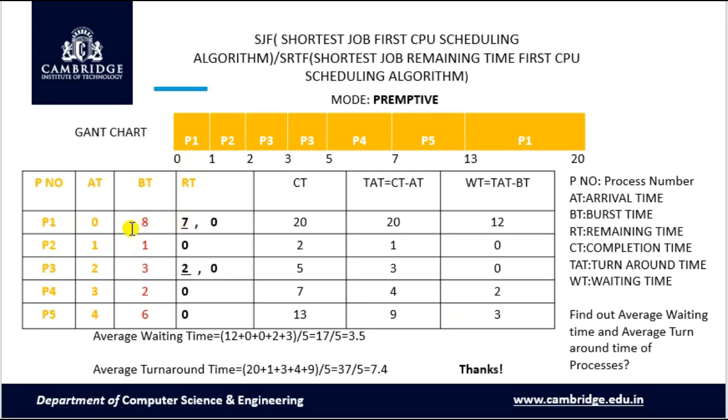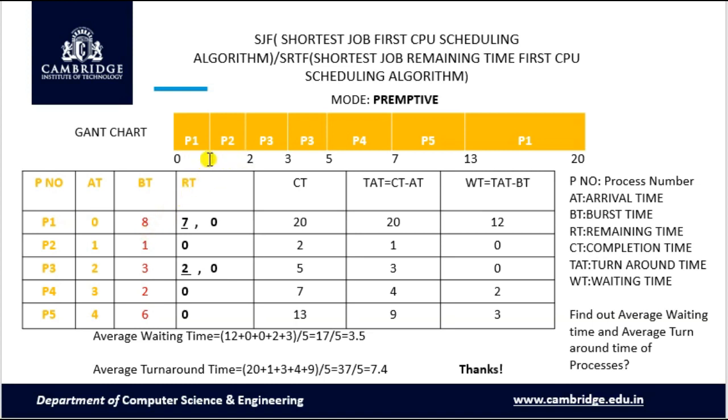But P2 arrives at 1 second, and its burst time is 1 second. So P2 can be scheduled in the Gantt chart.